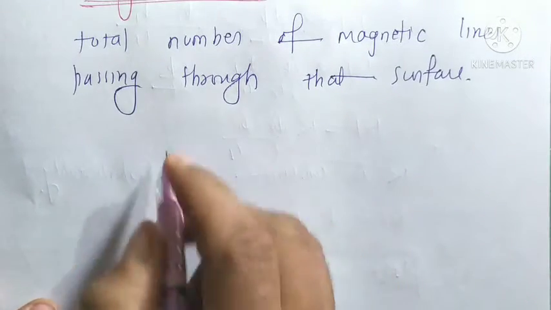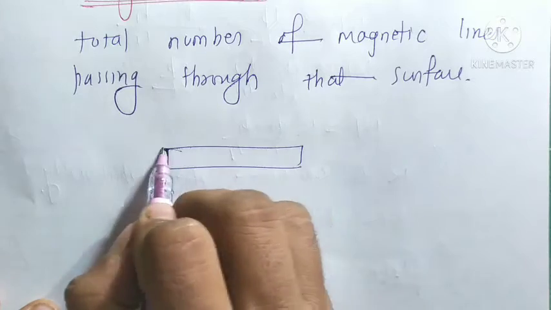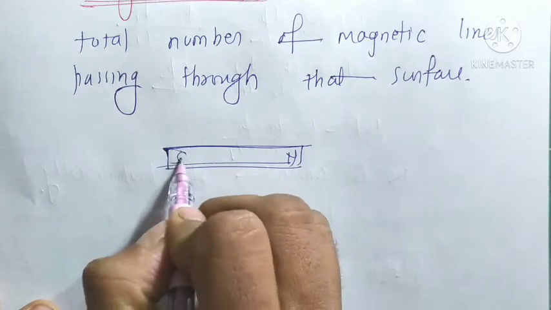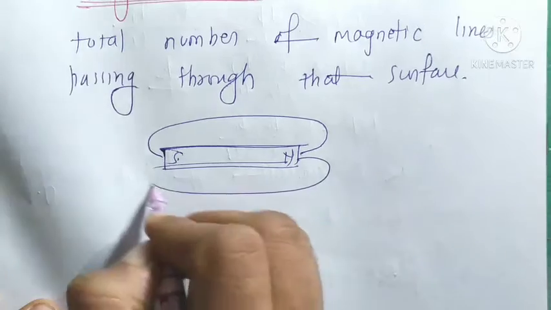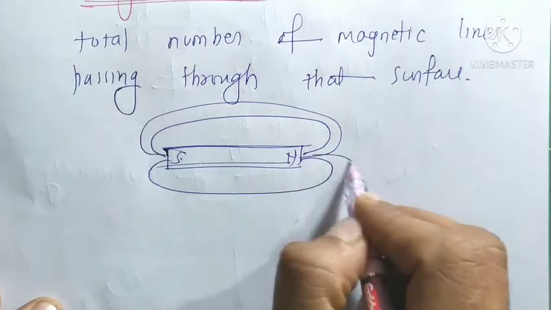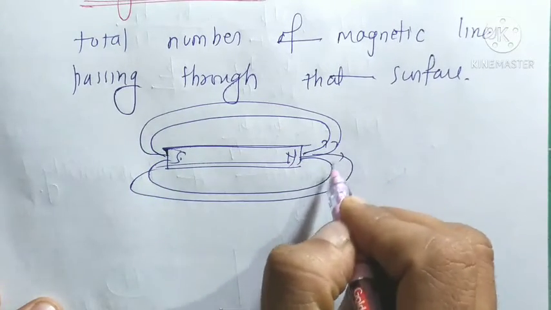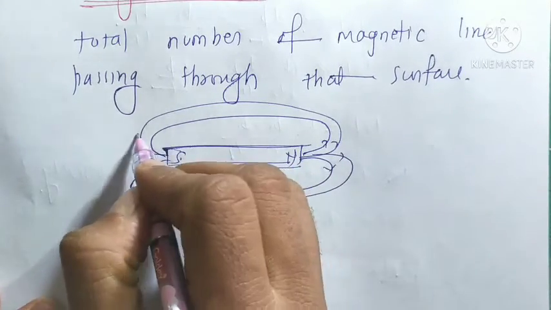Here we take any magnet. We already know that this is a bar magnet, and the magnetic field lines start at the North Pole and end at the South Pole. These are called magnetic field lines, and they make a closed loop.